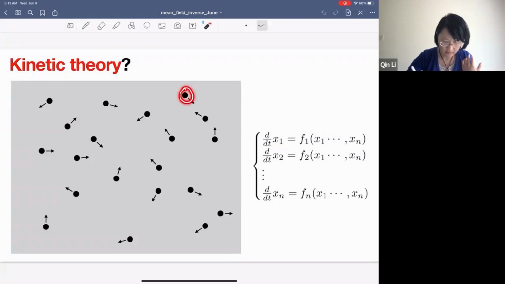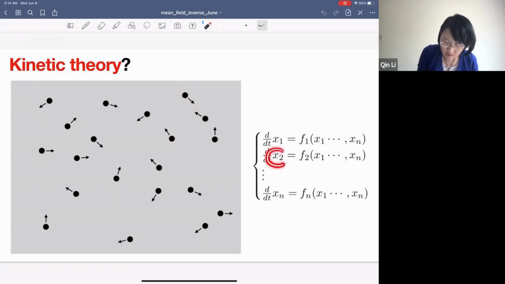X1 is particle 1, X2 is particle 2, etc. So particle 1 gets moved around, so this is particle 1 in time dynamics. This dynamics is controlled by the interaction between all the other particles. In some sense, let's say this is particle 1, and particle 1 can sense the force from some other particles. Other particles give this particular particle a force. Let this force drive this particle to go into a certain direction.